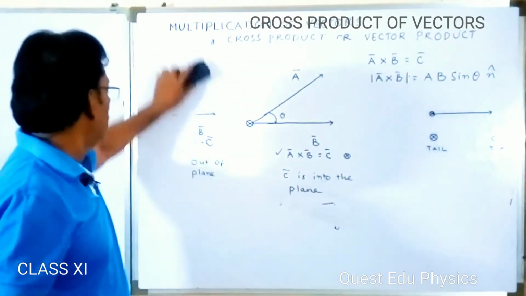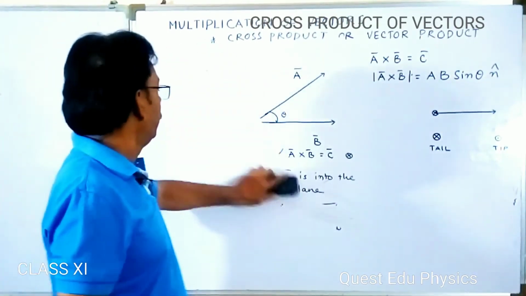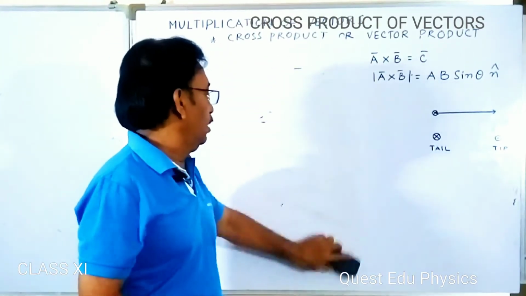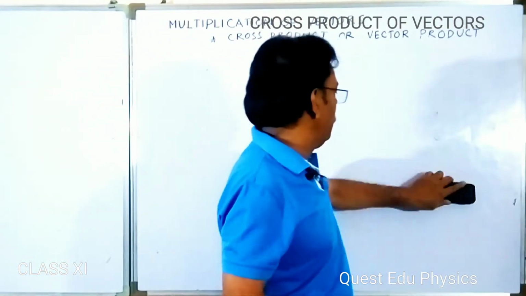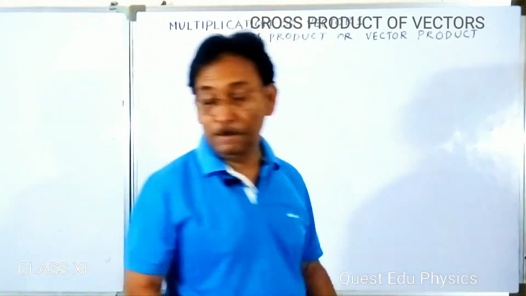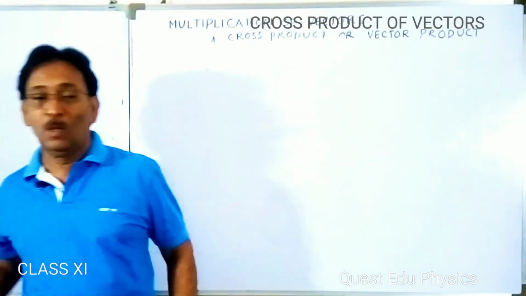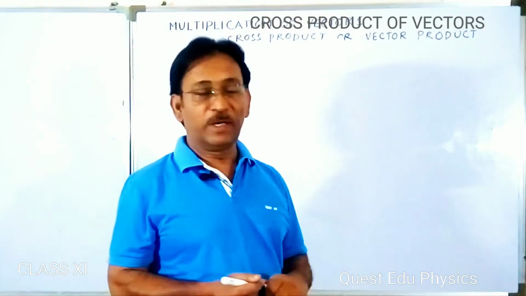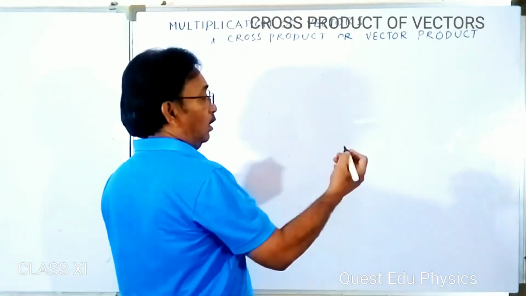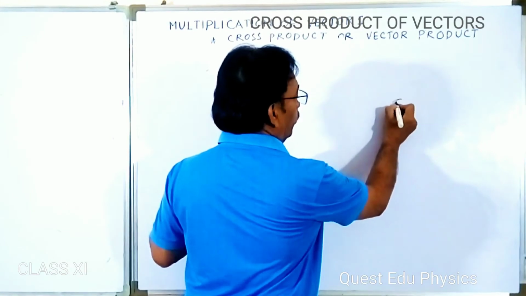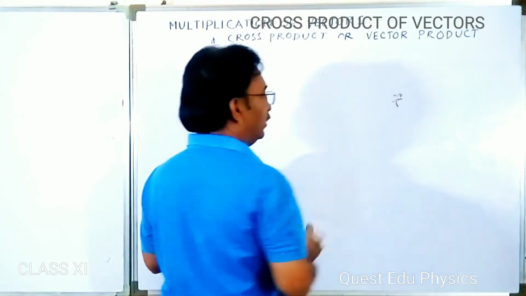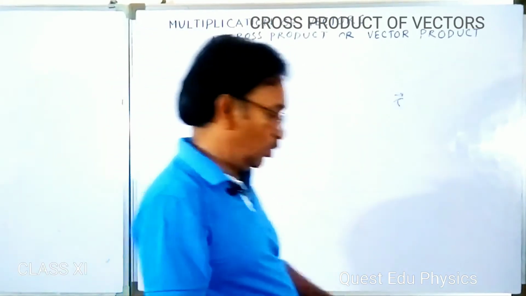Now we are going to learn few examples of cross product. The first example of the cross product is what? The torque. Torque is the best example for the cross product.